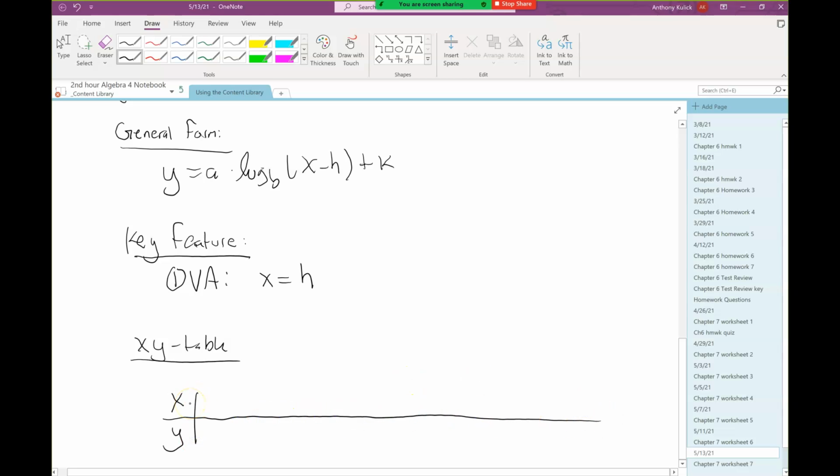We're going to do it this way so we don't get all irrational values to graph. So the way we're going to pick our x coordinates is as follows. b to the negative 2 plus h, b to the negative 1 plus h, b to the 0 plus h, b to the 1 plus h, b to the 2 plus h.